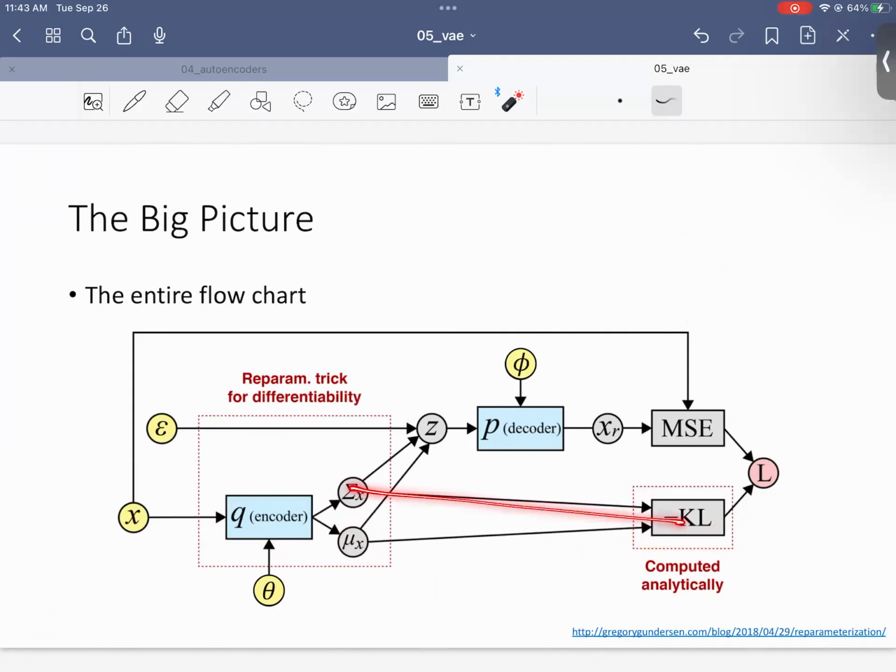So you can calculate the loss directly, and then Z, because Z is now mu plus sigma times epsilon, has three things that go into it. Then Z is fed into the decoder, and the decoder generates the reconstruction x prime.